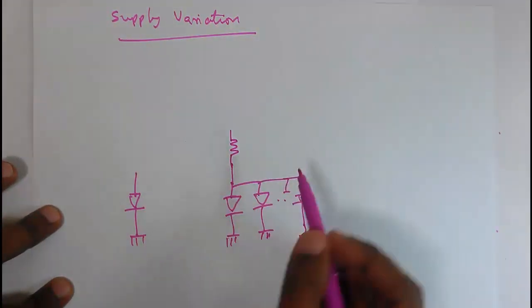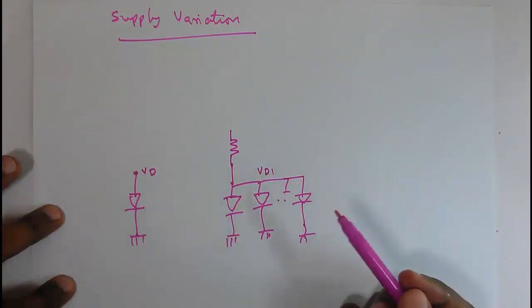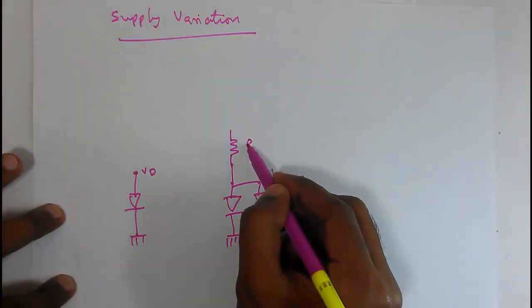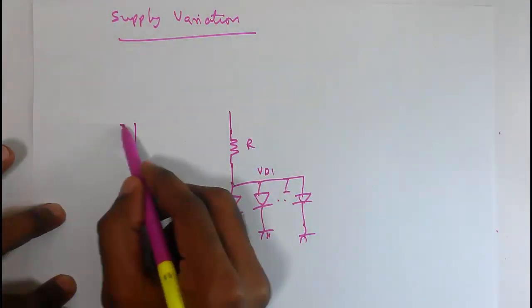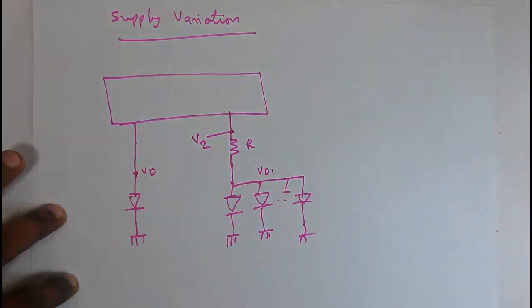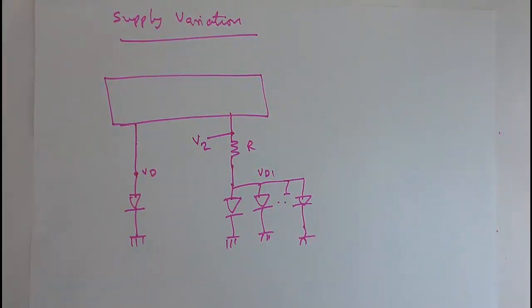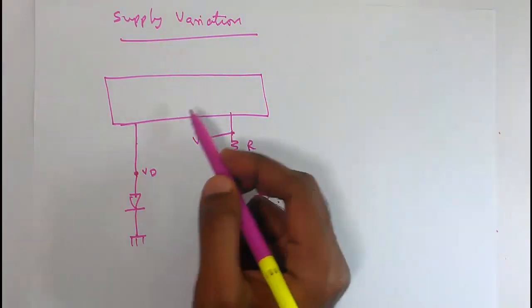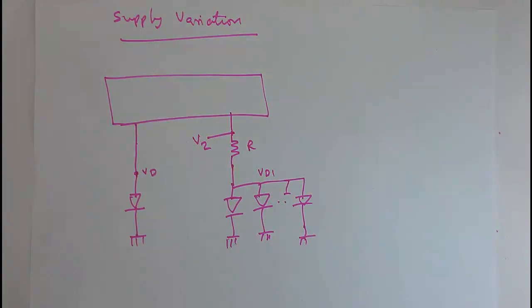To get the difference between this voltage Vd and this voltage Vd1, we put a resistor R, and we said somehow we will make these two potentials equal. We call that voltage V2. So this is what we did. We said we will make some circuit here to make Vd equal to V2. If we are able to make Vd equal to V2, then the voltage across the resistor R is a PTAT.